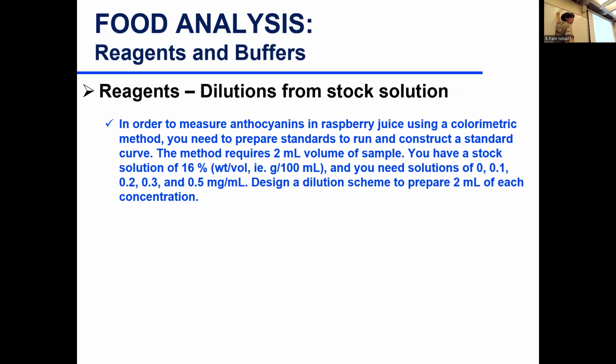A hint, you want to unify your units. Your starting solution has 16 grams per 100 ml. You want to calculate how many milligrams per 1 milliliter, because that's the concentration you're after. So how do you unify the units?